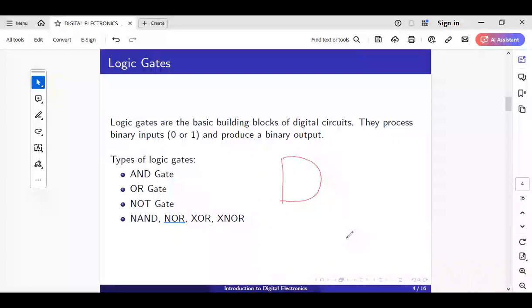We first write the AND, but we put a small circle. The circle represents the NOT that comes in. Is that okay? That's the symbol for the NAND gate.